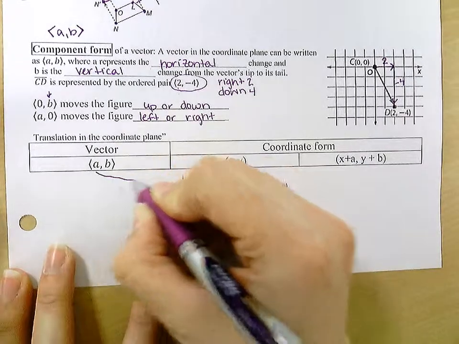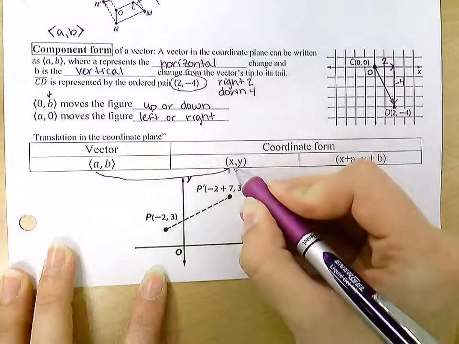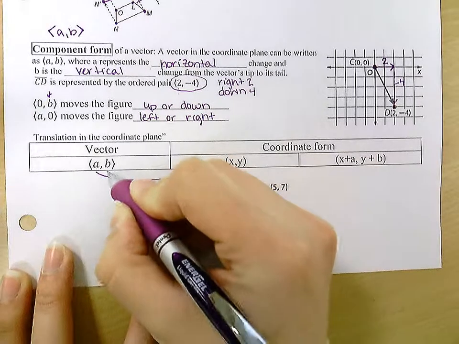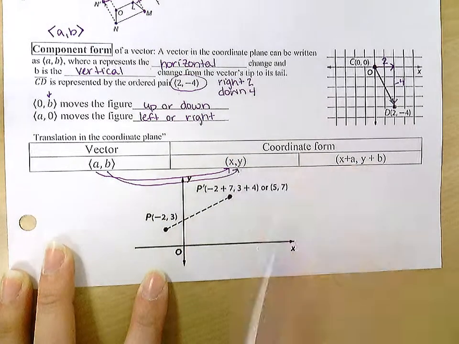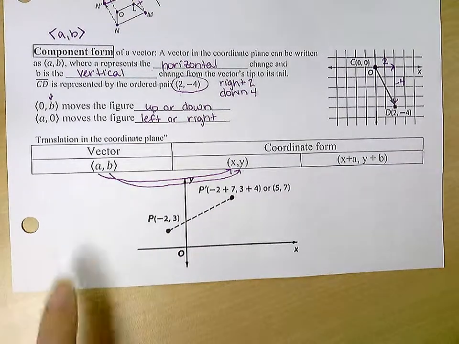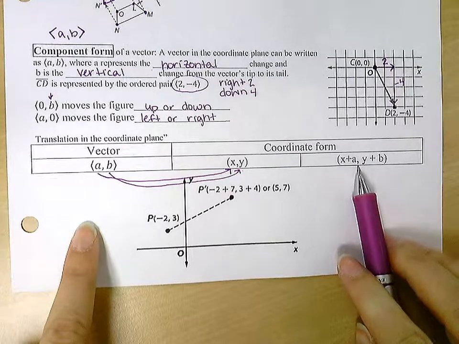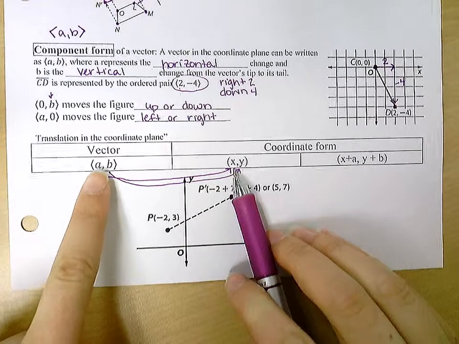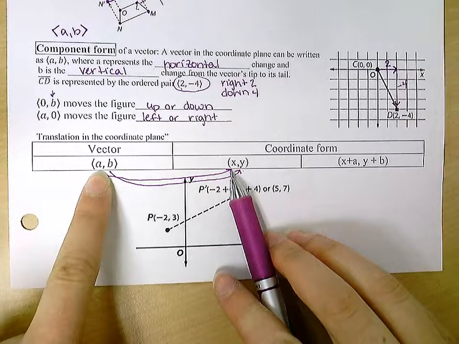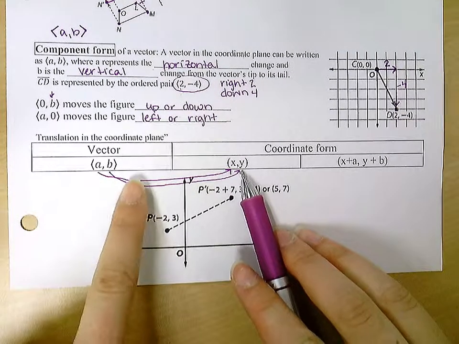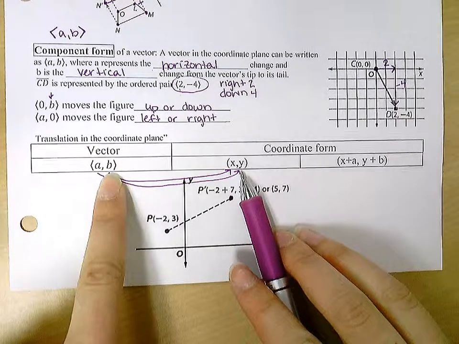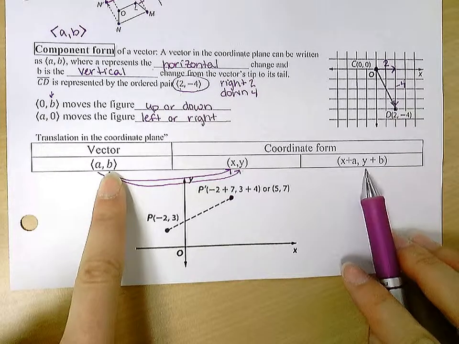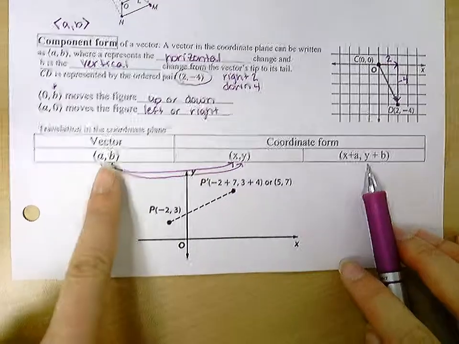A changes your X value. B changes your Y value. All you have to do to get your new coordinate is add together X and A and add together Y and B. That would give you your image coordinate.